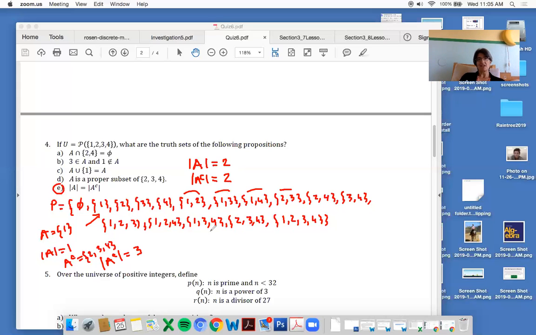For the ones that have 3 elements, the cardinality is 3 but the cardinality of the complement is 1, so those don't match. The ones at the end: the cardinality of the null set is 0 and its complement is 4, and the cardinality of the full set is 4 and its complement is 0. So the only ones where the set and its complement are the same size are the ones with 2 elements. So just those 6. All right, does that make sense?